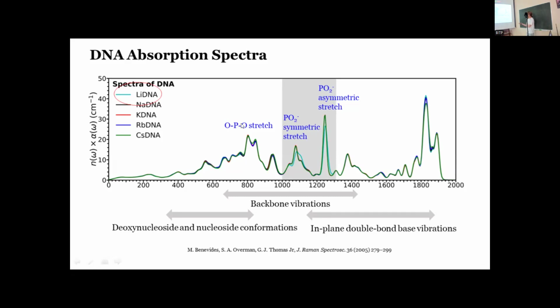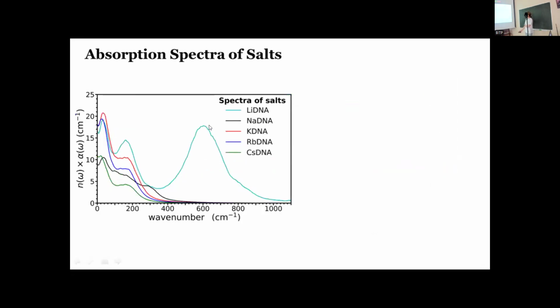We also calculated the absorption spectra of all the salts that we studied, and we can see that the shape of the absorption spectra for the ions with the positive hydration, lithium and sodium, is different from those for the ions with the negative hydration.